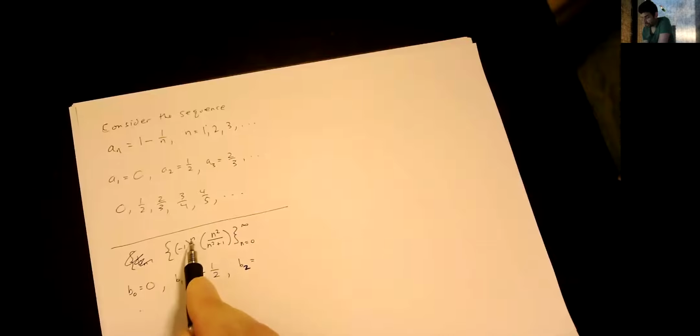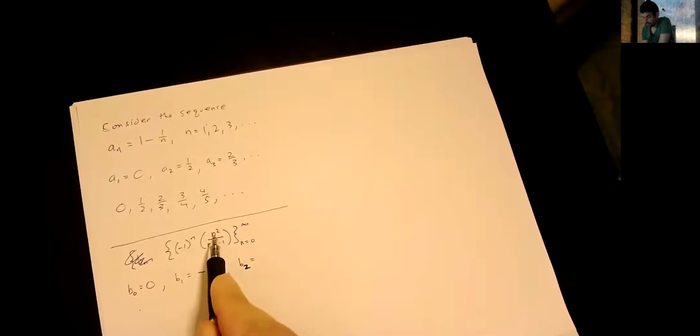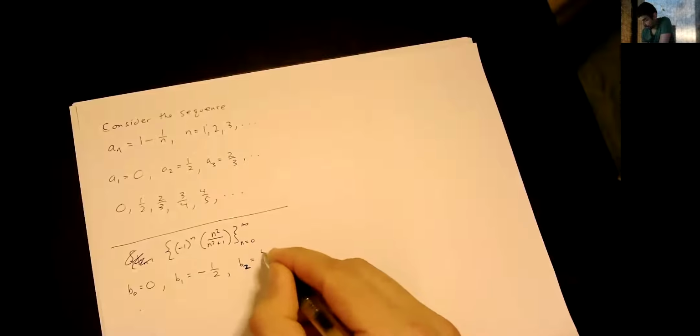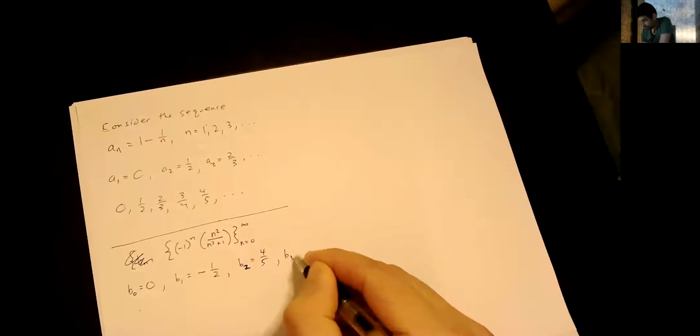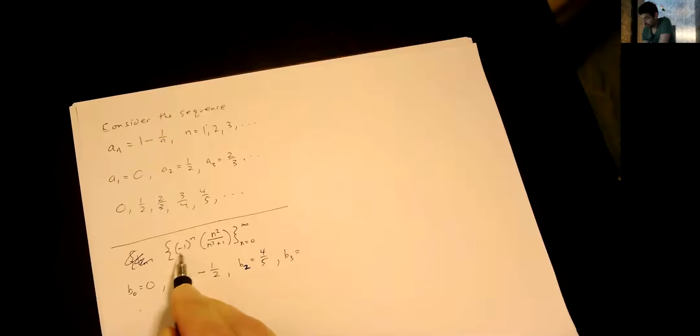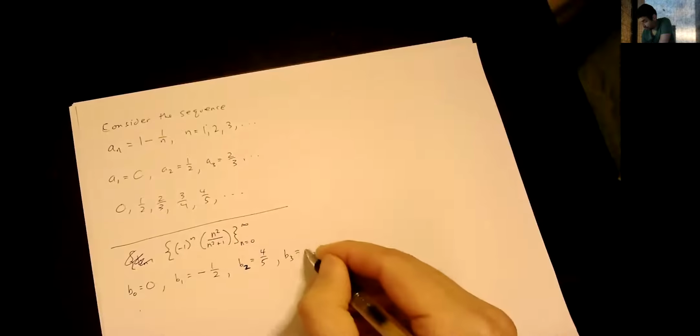Negative 1 squared is positive 1, so I've got a positive again. I've got 2 squared is 4. 4 plus 1 is 5, so I get positive 4/5. Let's just do one more. B3, negative 1 cubed is negative 1. I get 9 over 10, so negative 9/10. Okay. So there's our first few terms.